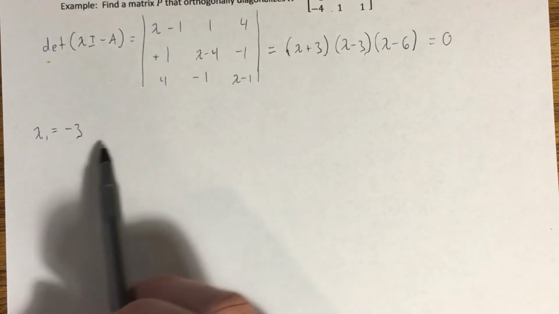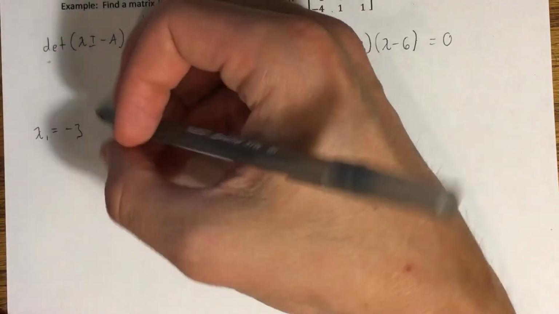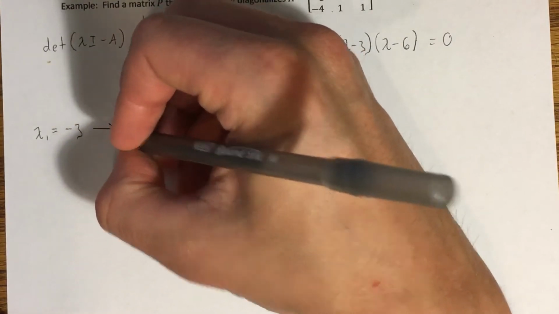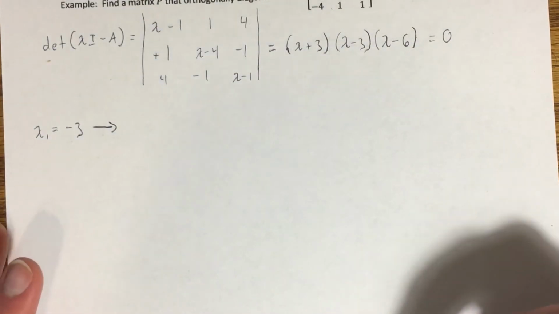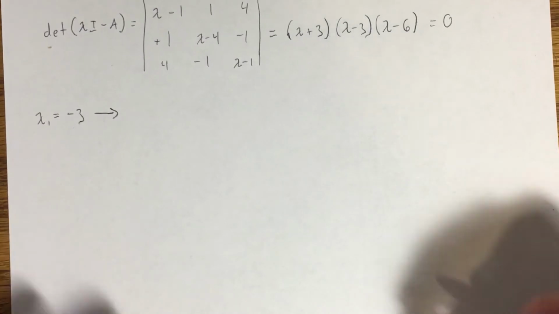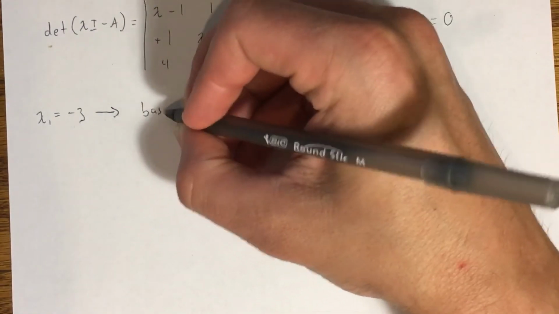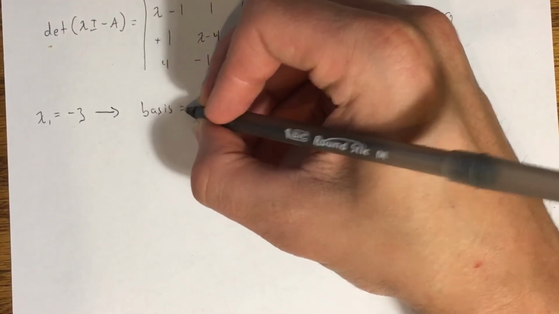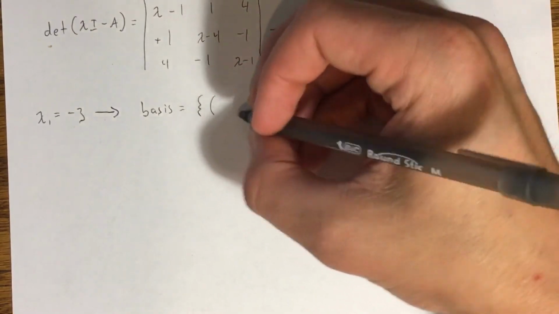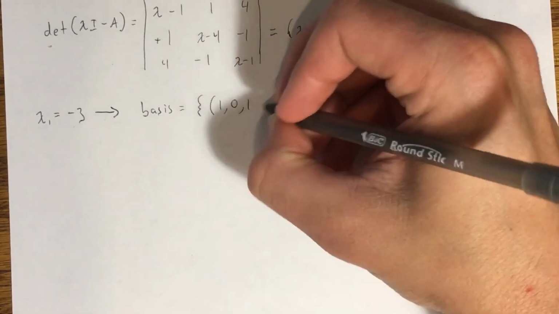That process can sometimes be a little bit lengthy. I'm going to, again, just for the sake of time, get us to the new stuff quickly. So in this case, we end up with the following basis for that null space: 1, 0, 1.